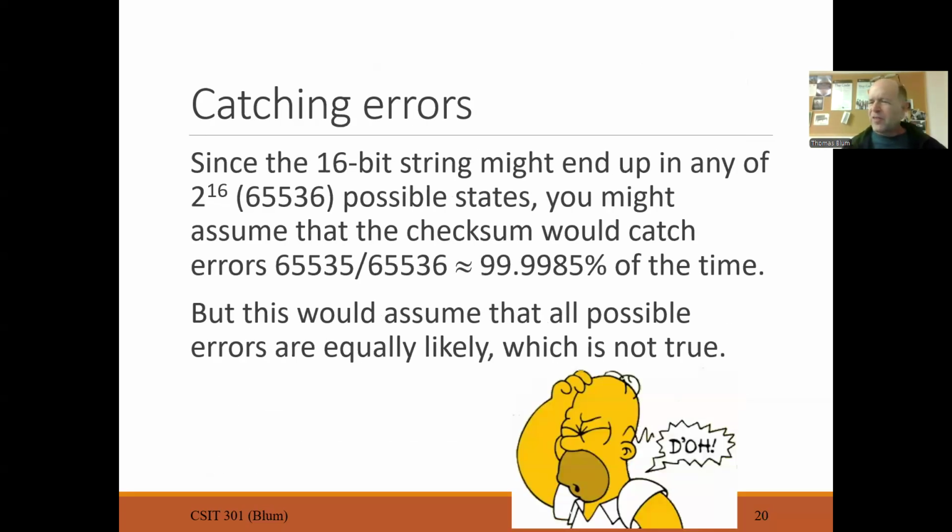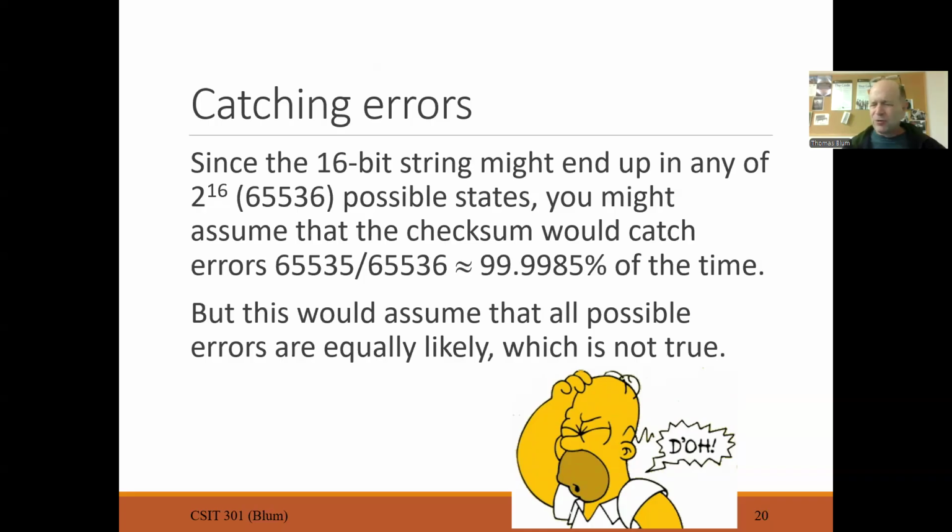With the 16-bit checksum, again ignoring any overflows, the answer is a 16-bit number, so there are 2 to the 16 possibilities for a 16-bit string. That's 65,536.